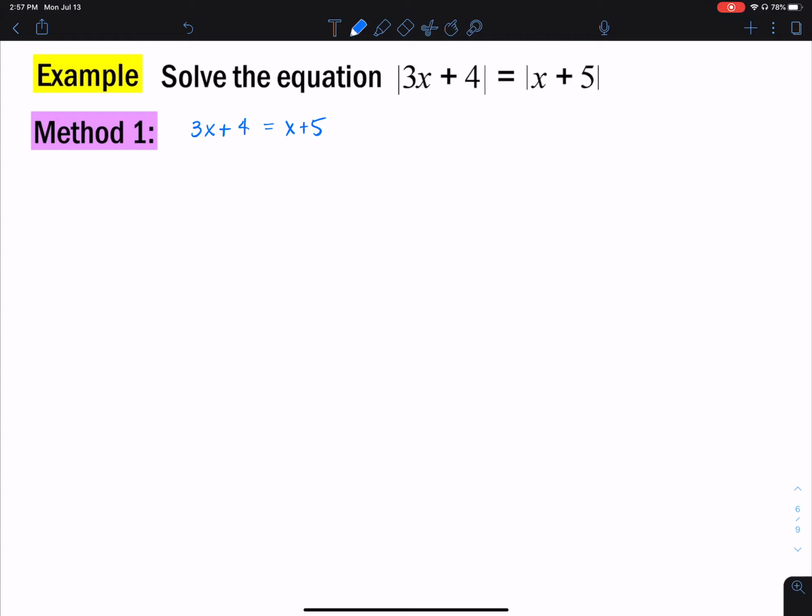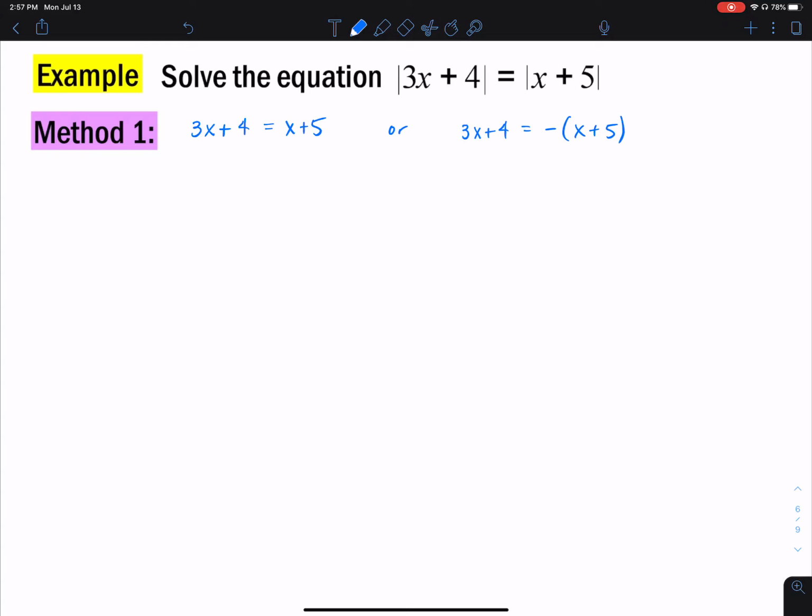We equal it to the positive version of what's on the right, which is always just going to be the original piece that's given to you. And then, or, we take the absolute value to the left, we drop the absolute value bars, and we equal it to the negative of the value that's on the right.